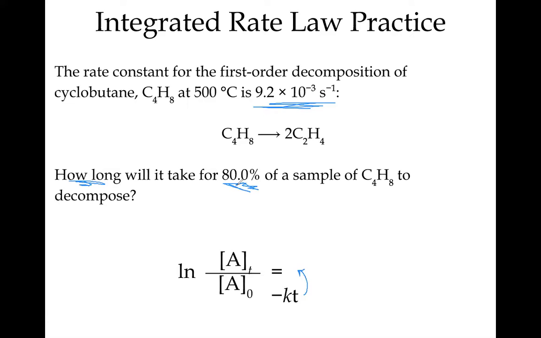And remember, this right here is just a ratio, right? Essentially, it's just the ratio of the concentration at a particular time over the concentration initially. Okay, so you're dividing those two. So it really doesn't matter if they're asking for a percentage.